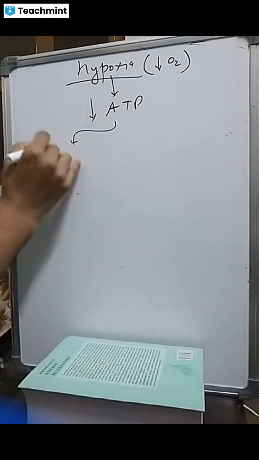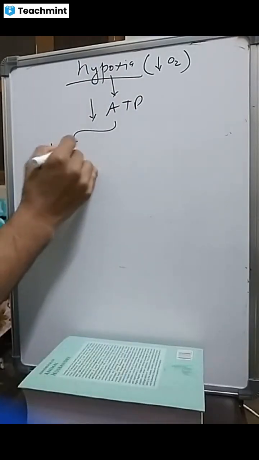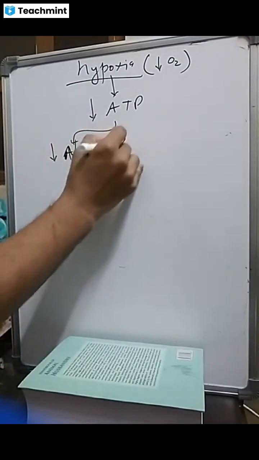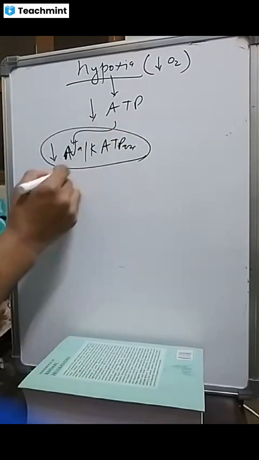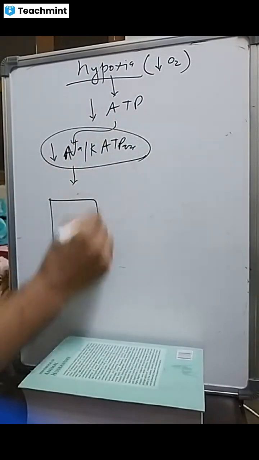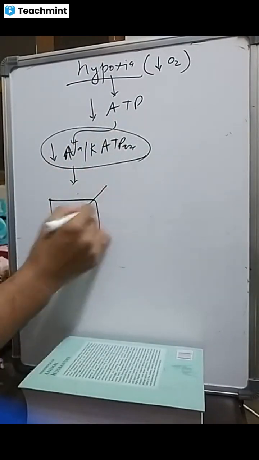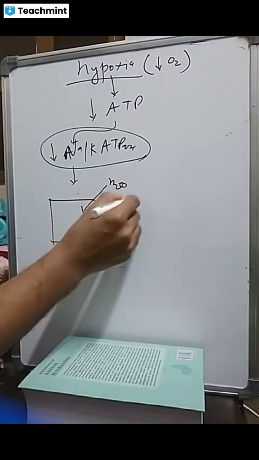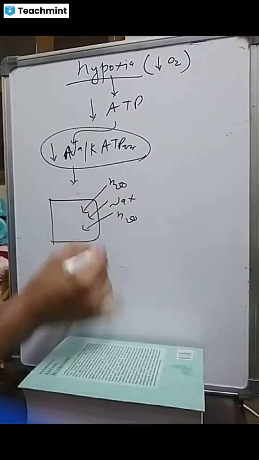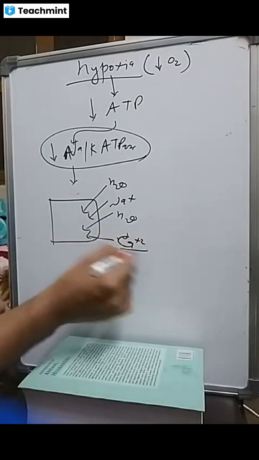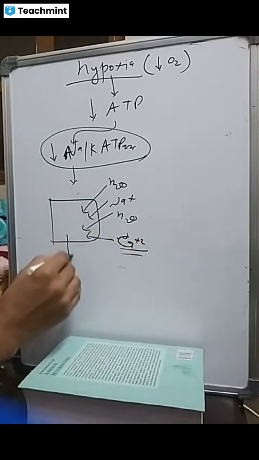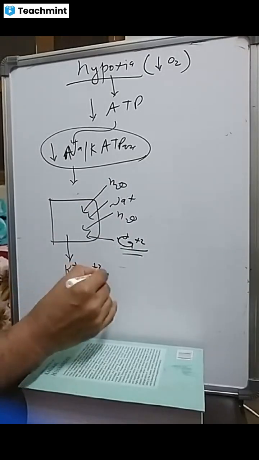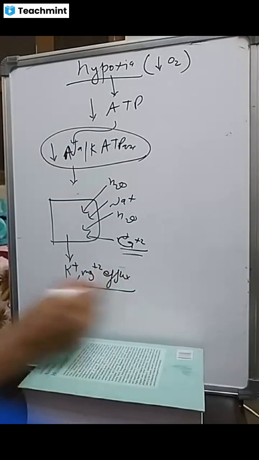This less ATP causes less sodium potassium ATPase function. And because of this, inside my cell, water enters, sodium enters, calcium enters. Potassium and magnesium are going out.